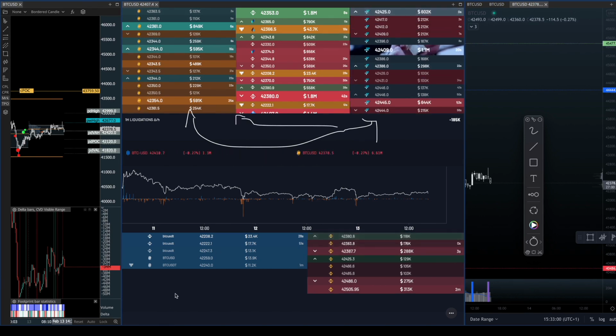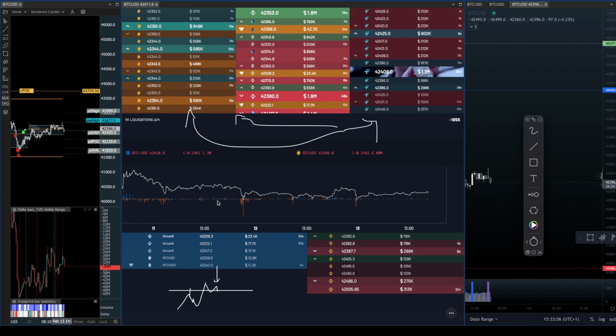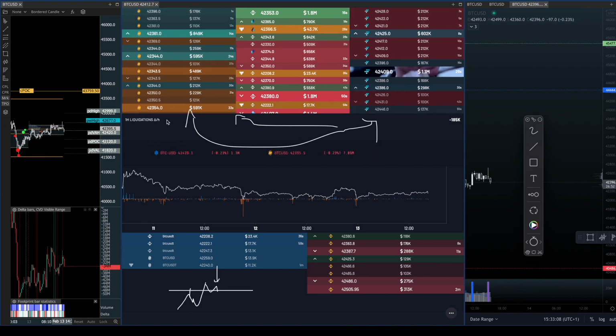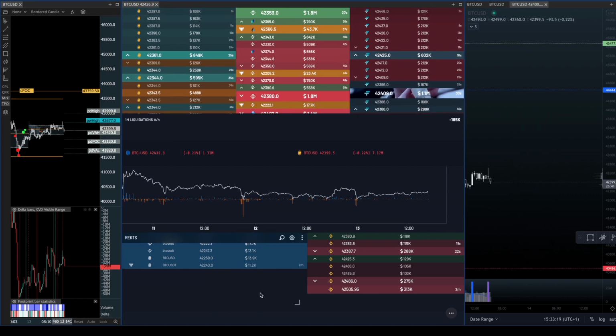So if the market is hitting any sort of resistance where you want to, for example, fade the market, you will see Bybit still buying, but FTX selling at the level. This is a better signal than if it would be the opposite.